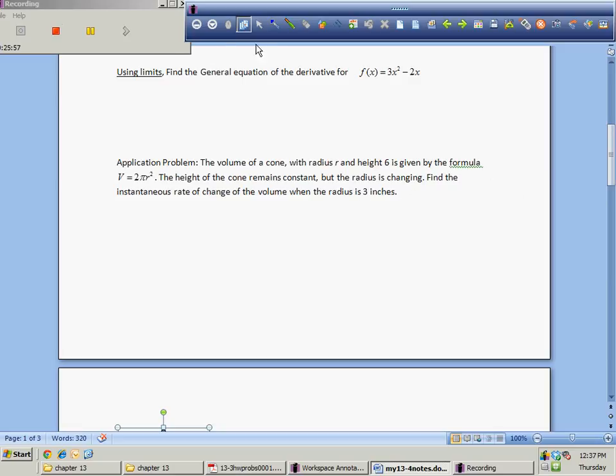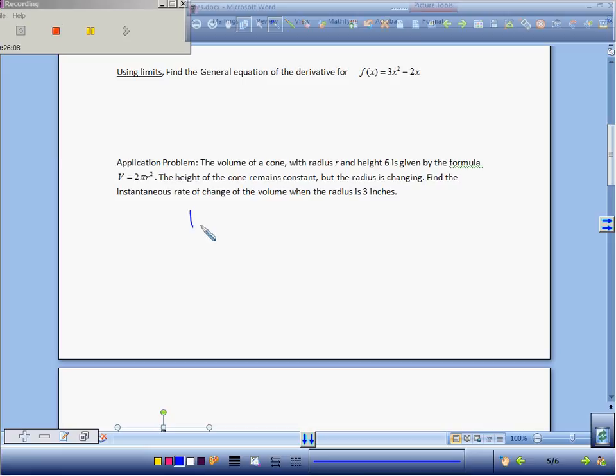So what I'm finding is the limit as the radius goes to 3 of V of r minus V of 3 over r minus 3. It's the volume at radius r minus the volume at 3, over r minus 3. So I want to figure out how fast the volume is changing.